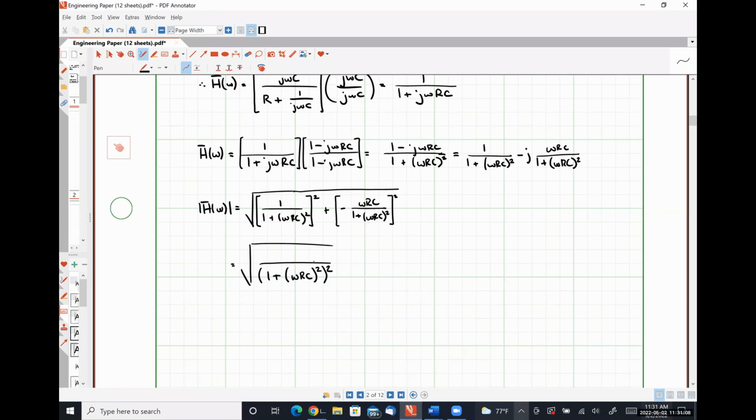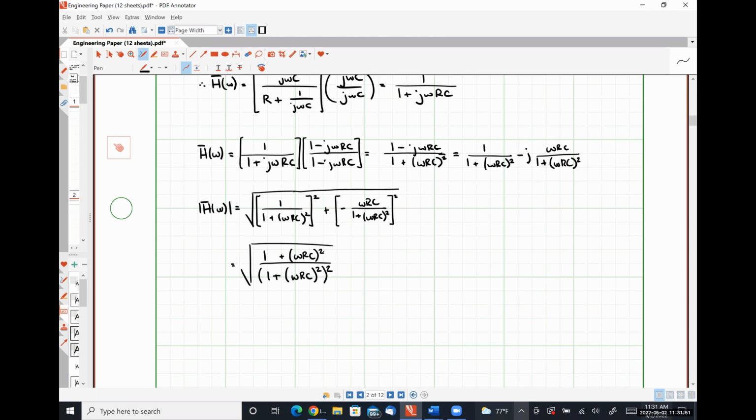In my numerator, I'm going to have 1 squared, which is simply 1. And then I'm going to have negative omega RC, that quantity squared. So that'll be plus omega RC squared, like so. And now I have a fraction underneath my square root sign, where I have a numerator, 1 plus omega RC quantity squared. And then I have a denominator that is simply the numerator squared.